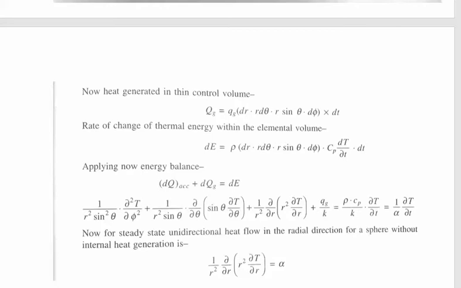Now the heat generated in the control volume, Qg, is equal to the specific heat generated into dr dot r dθ into r sin theta dφ into dt. The rate of change of thermal energy within the elemental volume, that is the change of energy, is equal to rho.